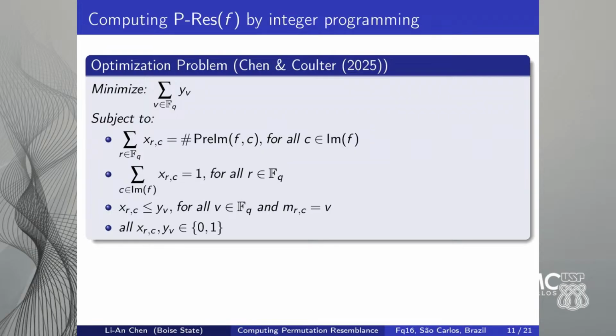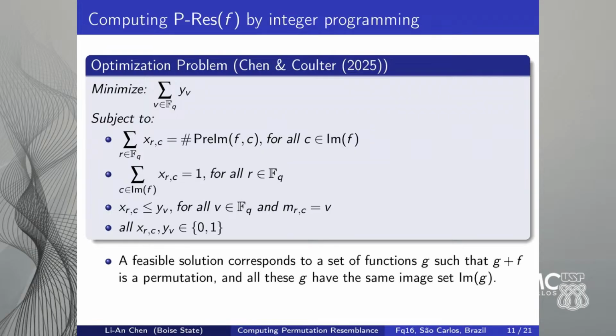But the point is, a feasible solution, meaning anything that satisfies these constraints, corresponds to a set of functions g such that g plus f is a permutation. All such g that correspond to the same solution will have the same image set, and that image set is captured by these y variables.